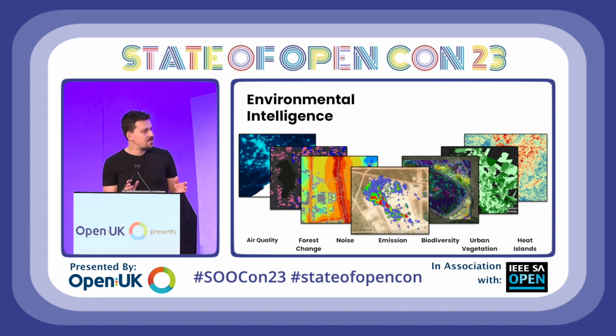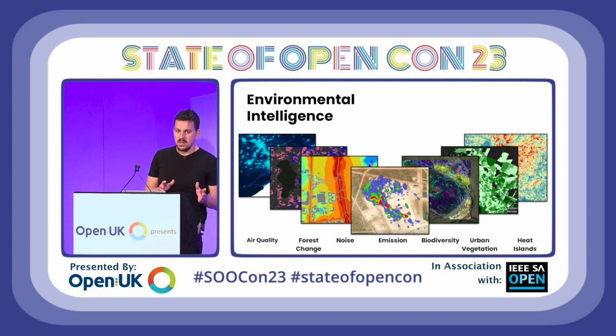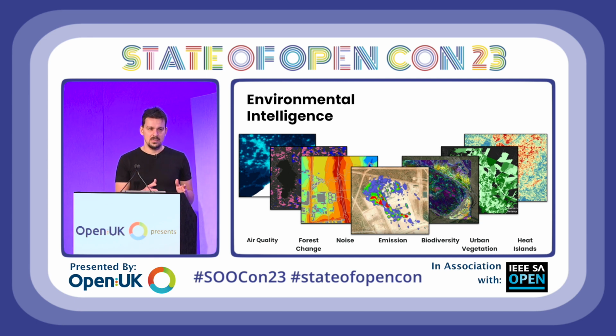So let's start with environmental intelligence. One very important aspect is to understand our planet and how it is changing. Satellite data, but also local data, can be important. Satellite data gives us a highly calibrated sensor that flies all over the world and gives us much information for different indicators about our environment, like air quality.